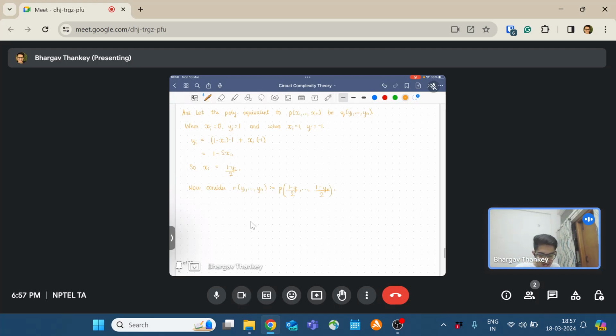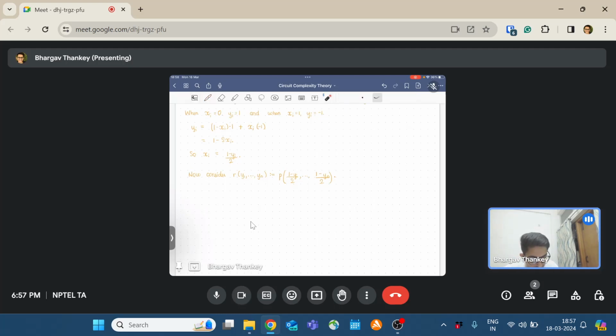Okay, so let's look at R. Let's say y_i is 0. We are interested in creating a polynomial over plus minus 1, right? So let's say y_i is 1. In that case, this is 0. When y_i is minus 1, this is 2 over 2, this is 1, right?